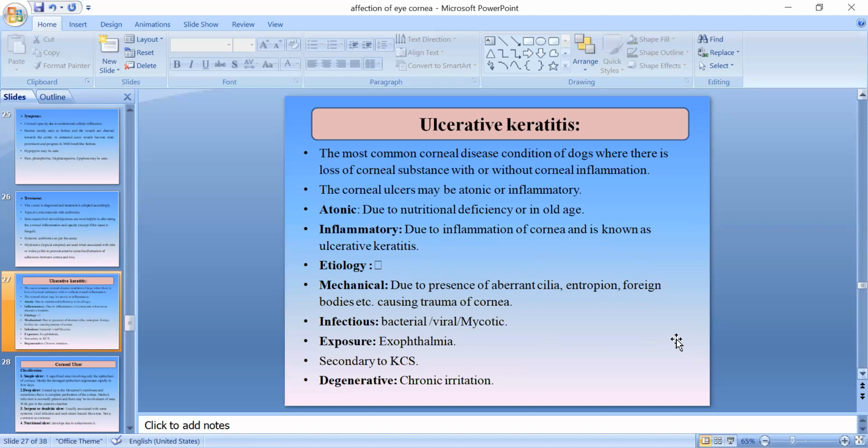This is atonic or inflammatory. Atonic is due to nutritional deficiency in old dogs. Inflammatory is due to inflammation of the cornea. Etiology: mechanical, infectious, infection by bacterial, viral and mycotic, exposure, exophthalmia, secondary to caseous, degenerative, chronic irritation.